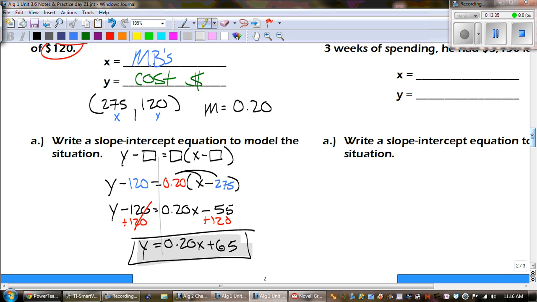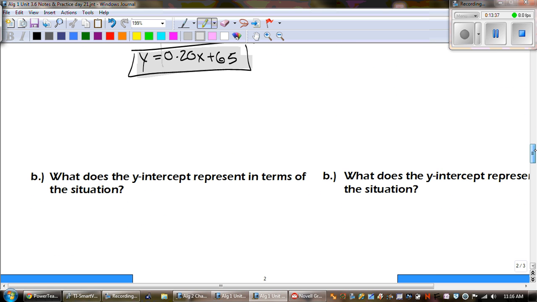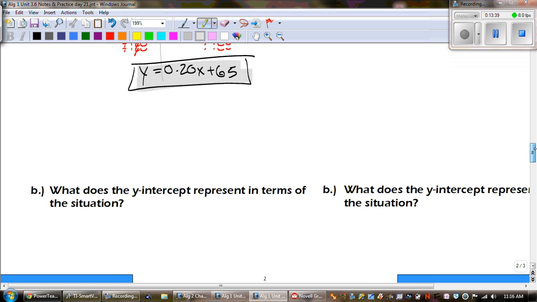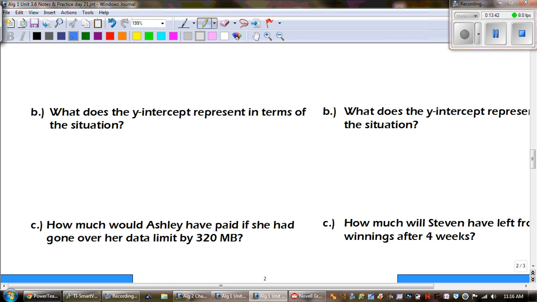Okay, so what does the y-intercept represent? Well, the y-intercept was 65.